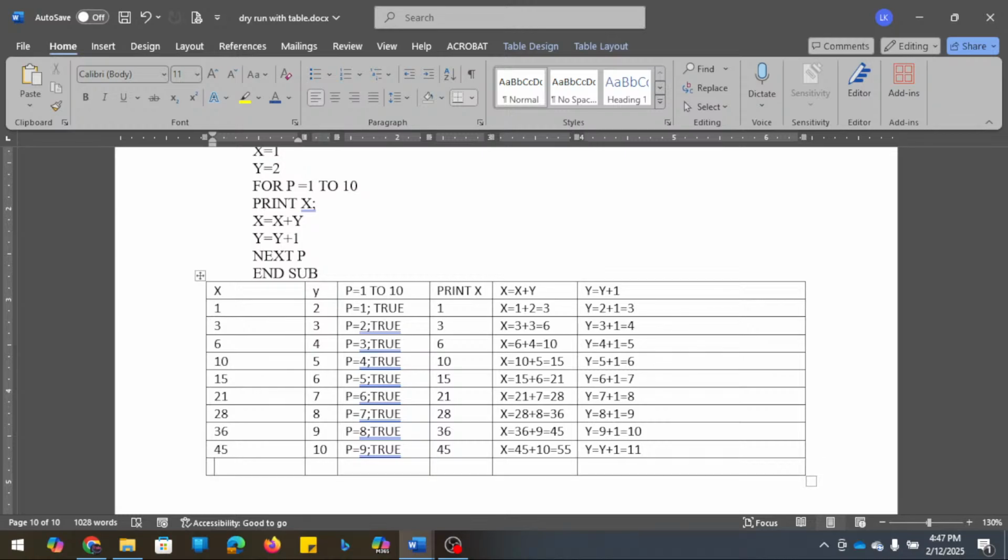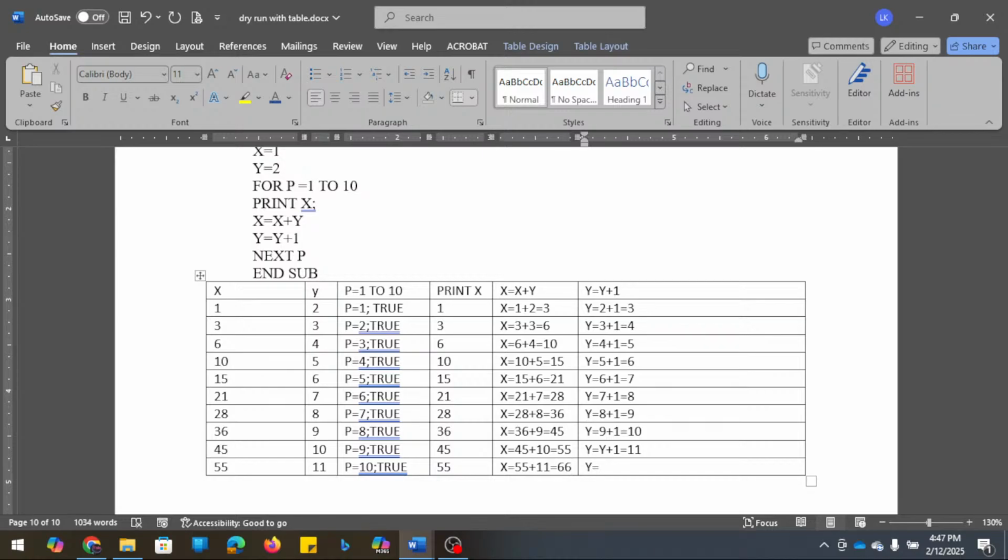Okay, next x becomes now 55, y is 11, p equals 10, true. X is 55, equals x plus y, 55 plus y 11, so it is 66.